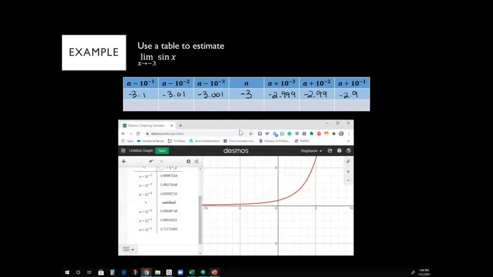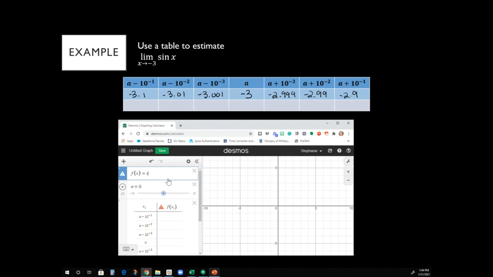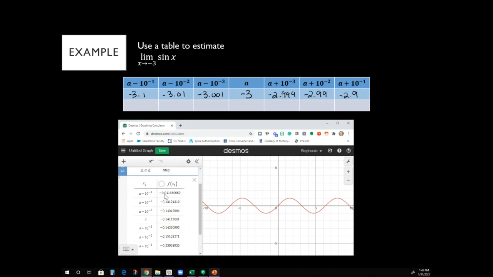So bringing Desmos over. Again, we want to make sure that we are in radian mode. And now I'm interested in -3. And so this is another one where we're actually given a value here at -3. So our limit is actually going to be whatever that number is here.